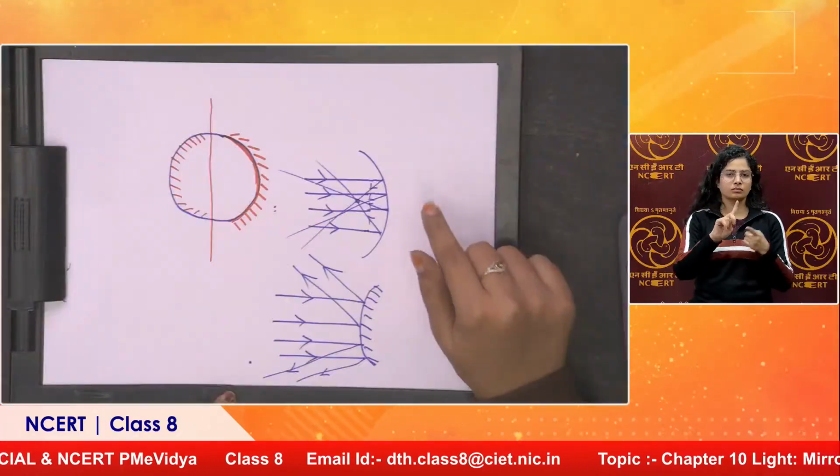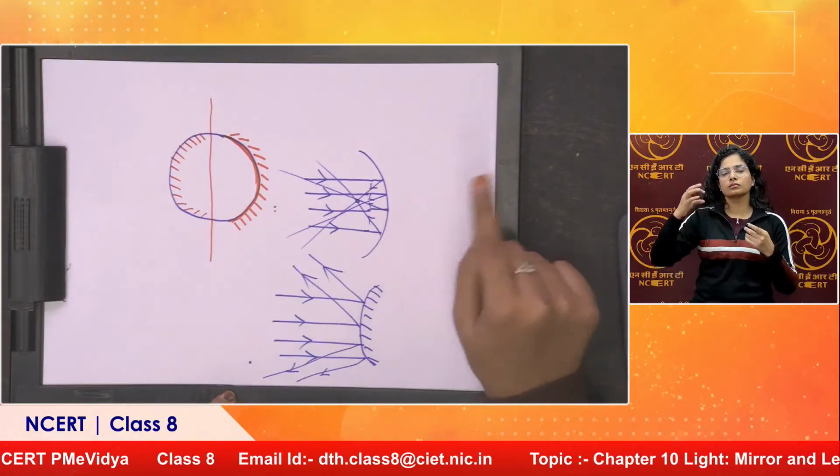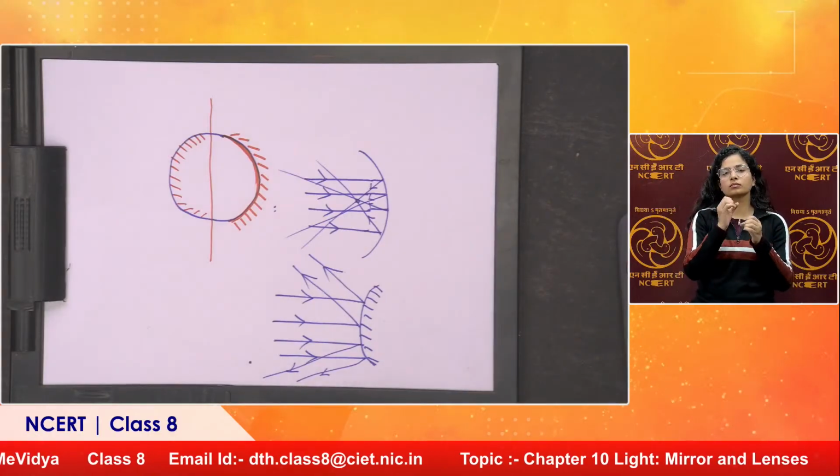Now if we talk of the image formed, you just need to turn the spoon and look at yourself. You will look the way you are sitting. Erect image, right? That's why I told you the words before, inverted and erect. Now points to remember: in a concave mirror, the light rays are getting converged, and the image formed is inverted.